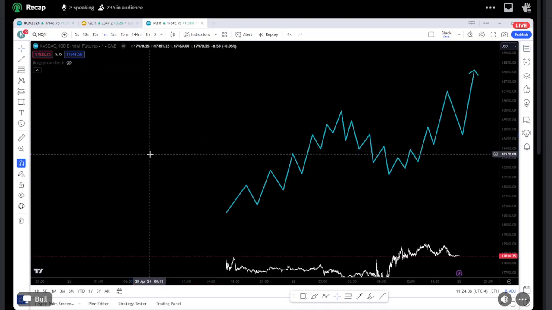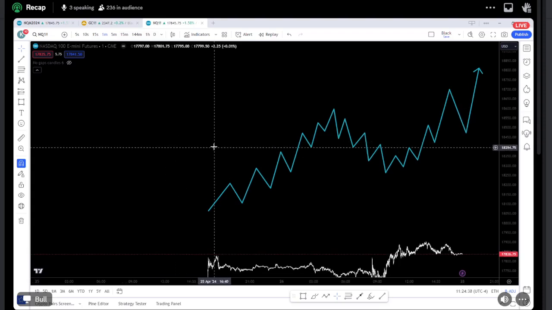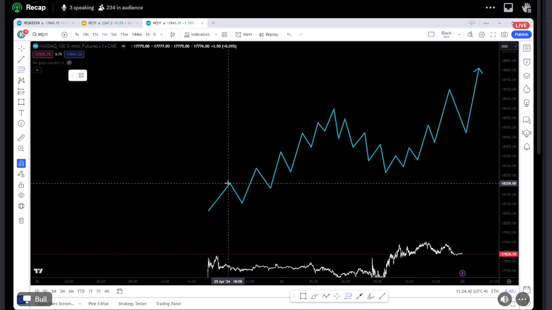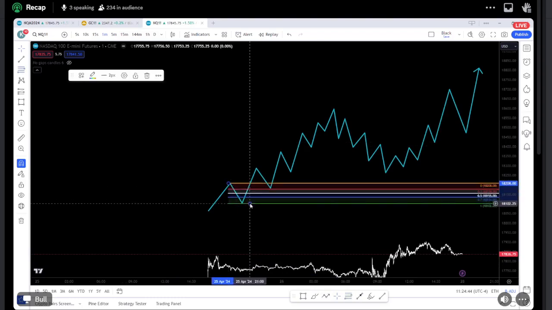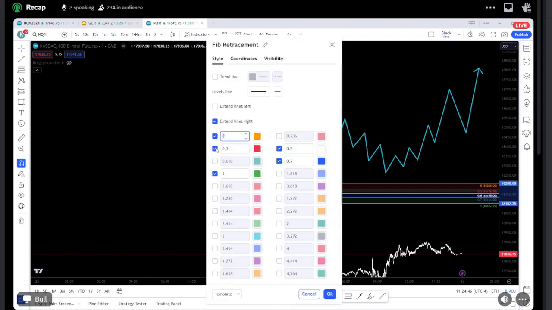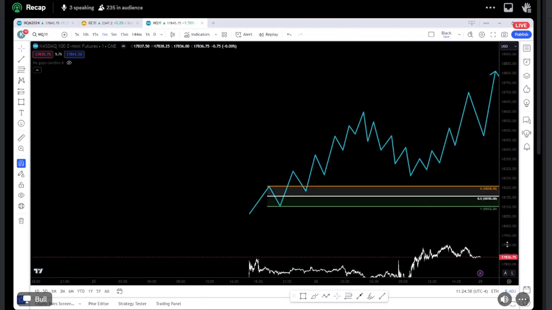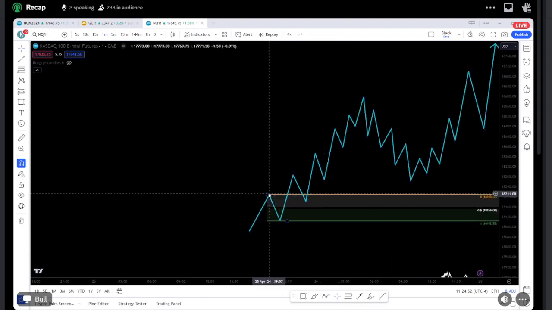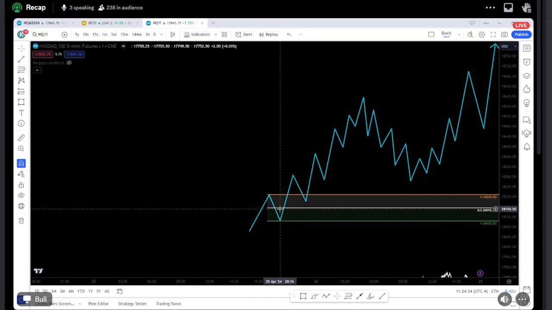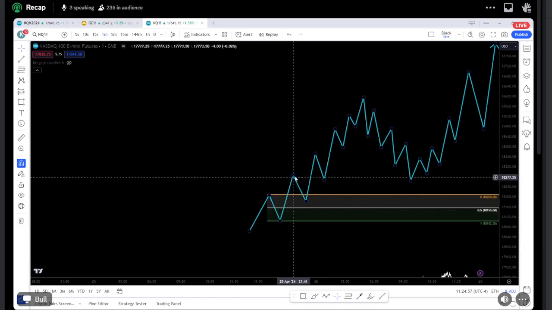And what you're looking for within these swings are the previous range. And we'll use the 50% level for this. So this is our swing here, the previous range that put in the low that made the high.